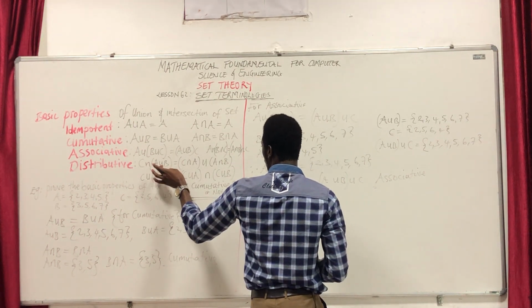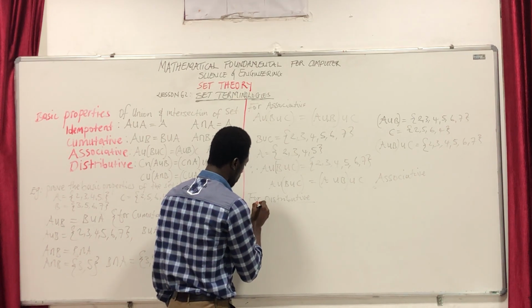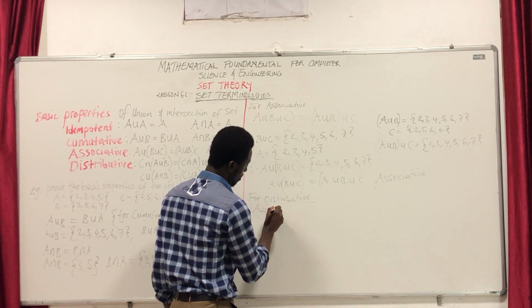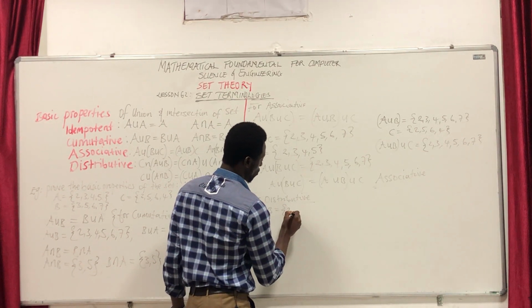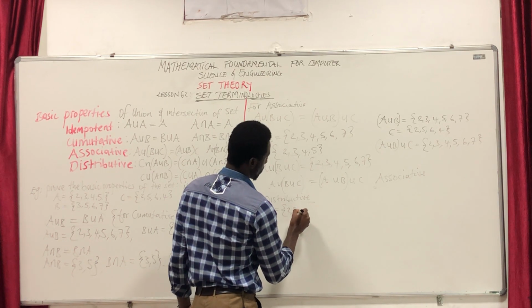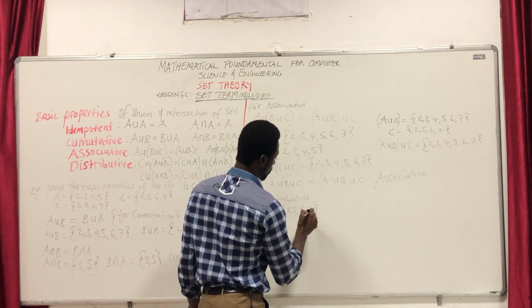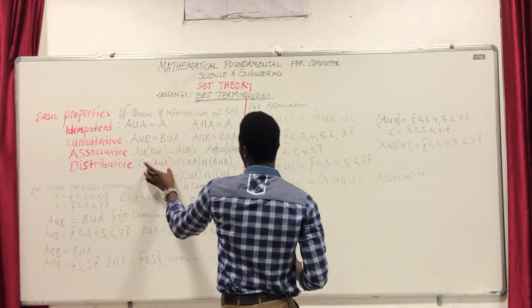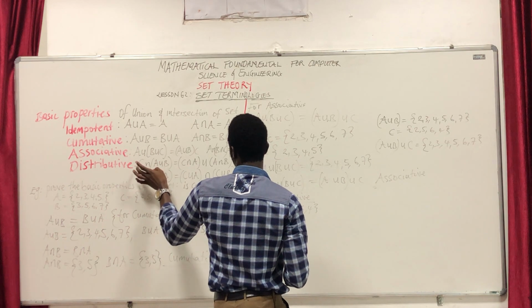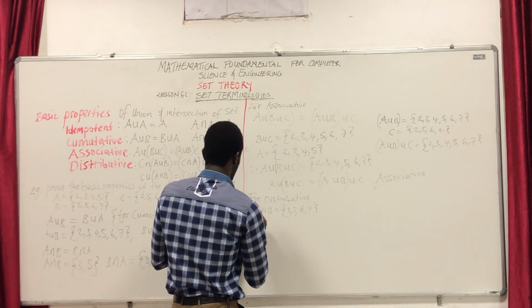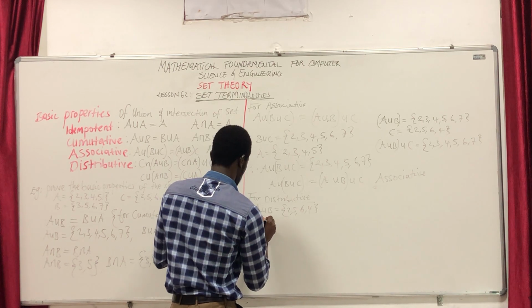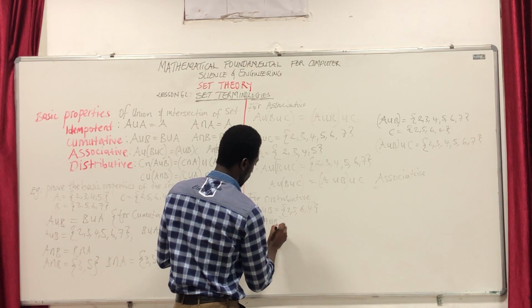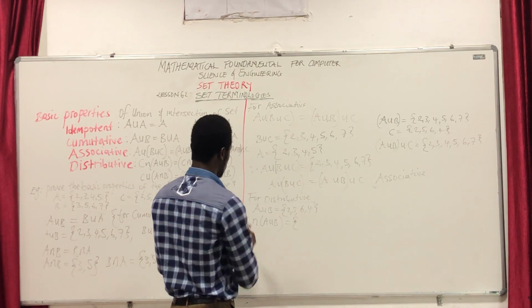So first we take A union B, we know already A union B, which is 2, 5, 6, and 4. So now we just combine this A union B with C. So C intercepts A union B. So what will be our results?